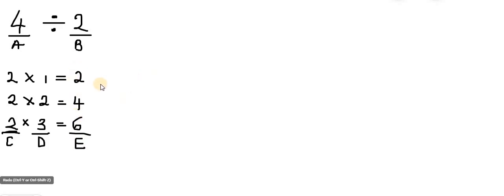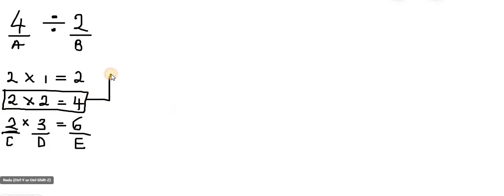Now, remember, 4 divided by 2. We want to pick the line that has an answer equal to 4. If we don't see an answer equal to 4, we pick the line with the answer just less than 4. In this case, we have a line with an answer equal to 4, so we pick that line.